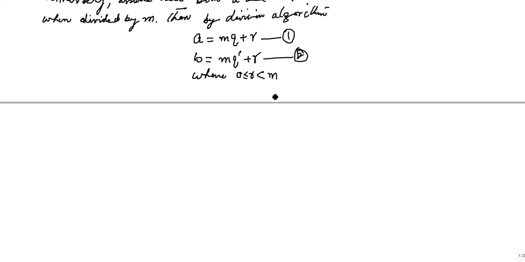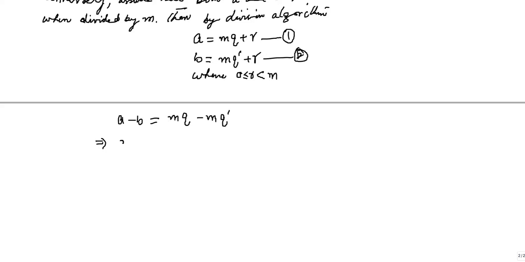So, if we subtract equation 2 from equation 1, we get A minus B equals mq minus m q prime, and r cancels.